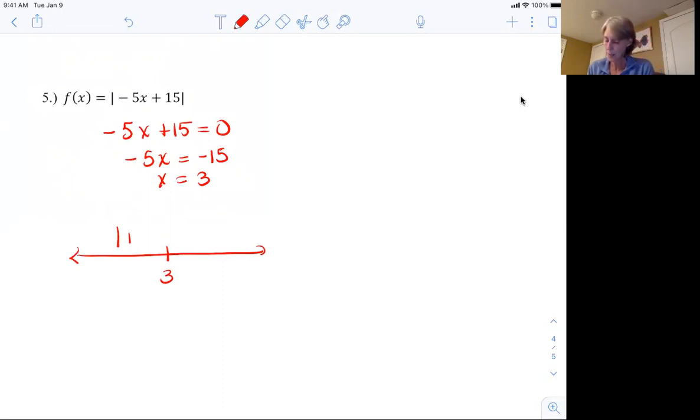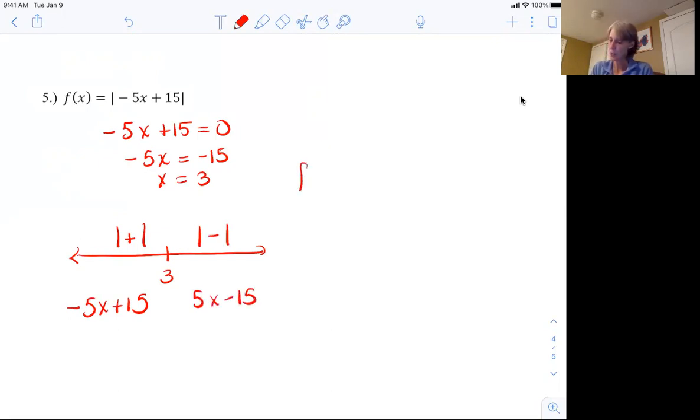If I plug 0 into my absolute value, I would have a positive number inside the absolute value sign. So when I take away the signs, I don't do anything to the function. Plug in a number bigger than 3. If I plugged in 4, I would have a negative number inside. When I take away the signs, I have to negate what's inside.